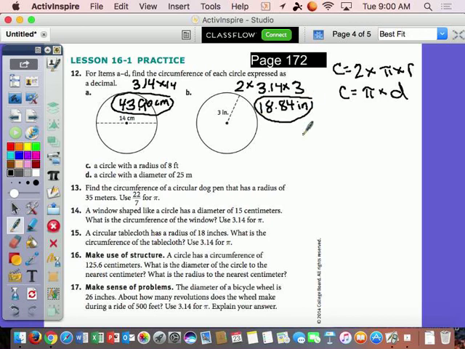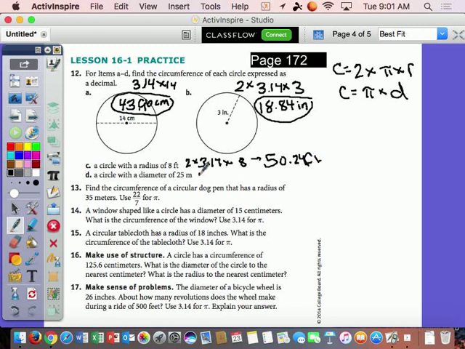Okay? Why don't you pause the video and try and do C and D. Welcome back. All right, so for this one, we should have done 2 times 3.14 times 8, which gives me 50.24 feet.